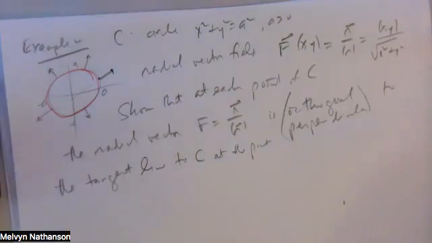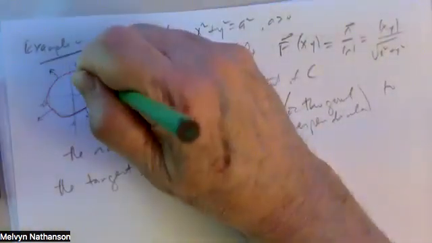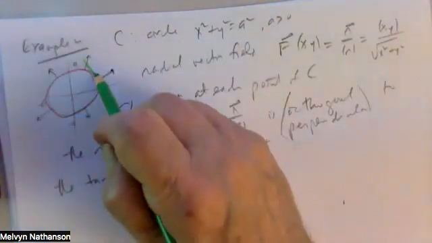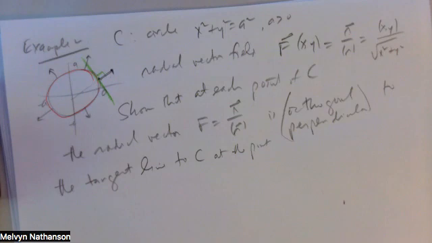So the tangent line, here's a point, here's the tangent line in green. And we want to show that these two are perpendicular.